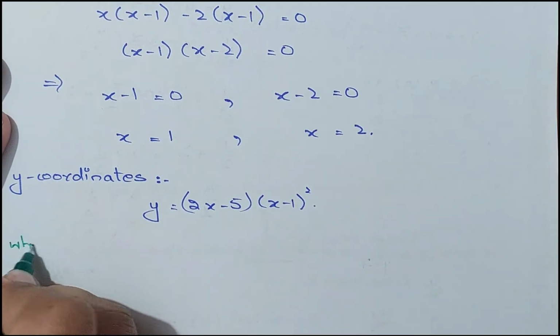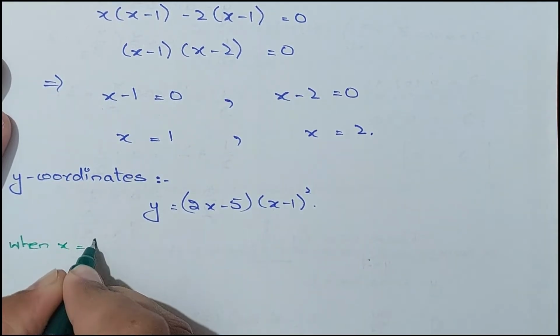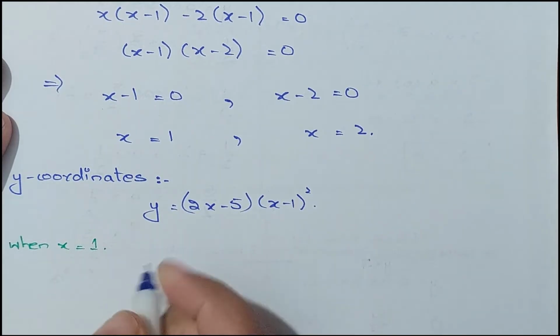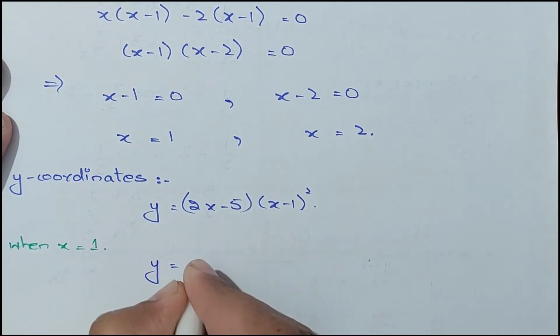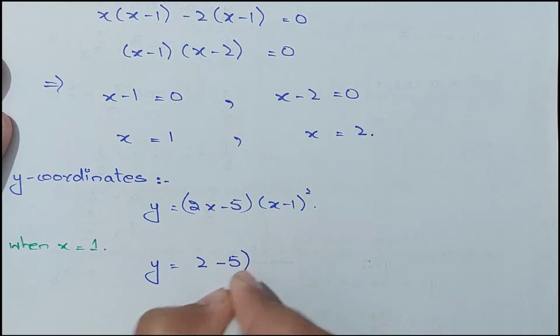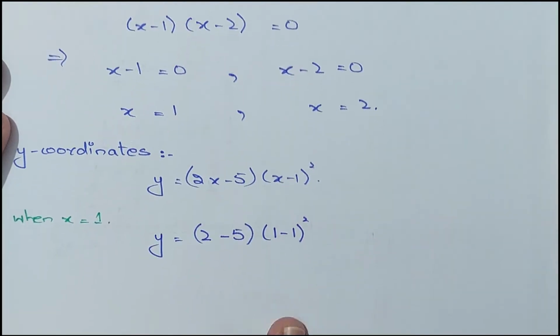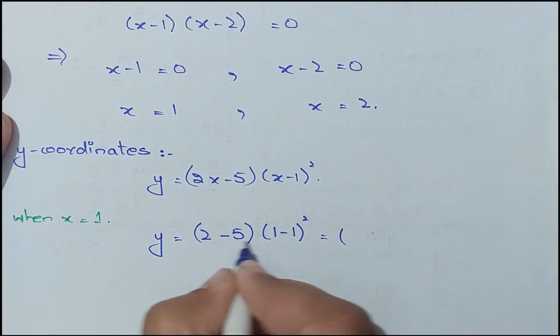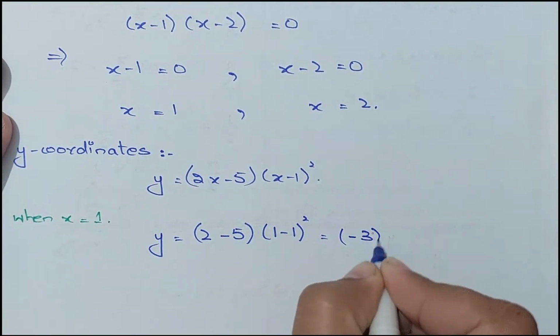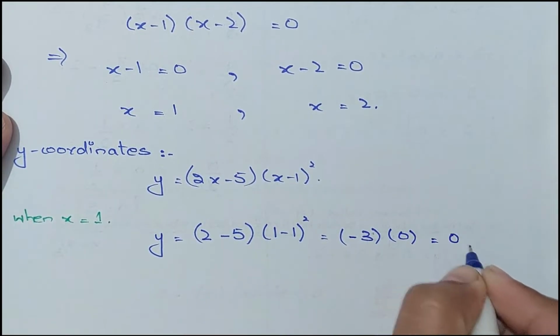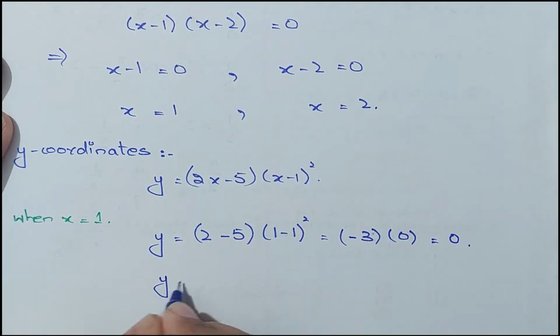When x equals 1, what is the y value? y equals (2 minus 5) into (1 minus 1) squared. 1 minus 1 is just 0, so this would be negative 3 and this would be 0. So y value is 0.